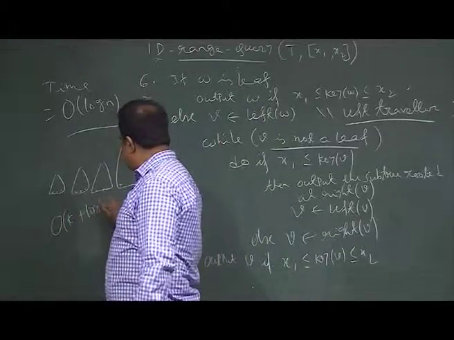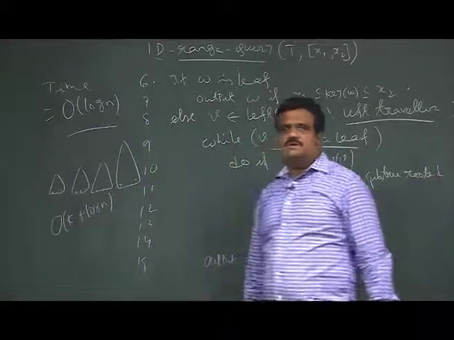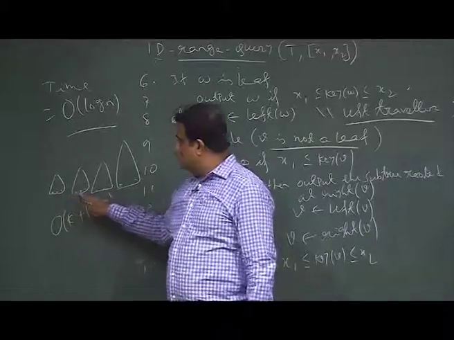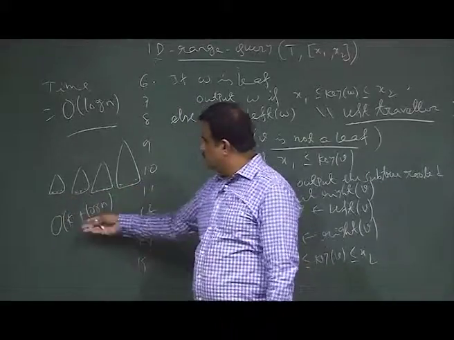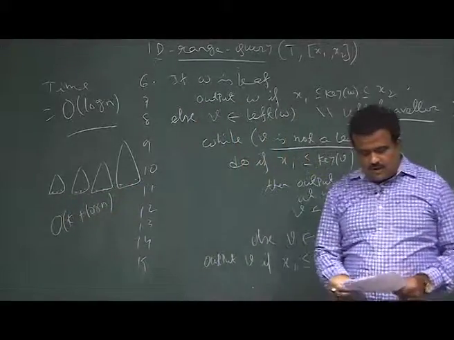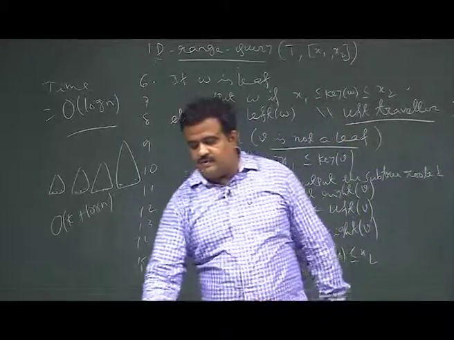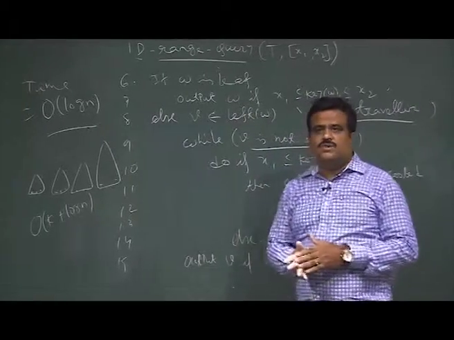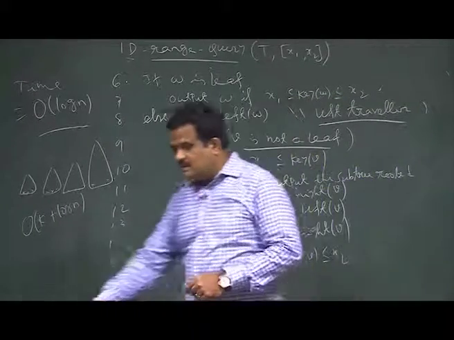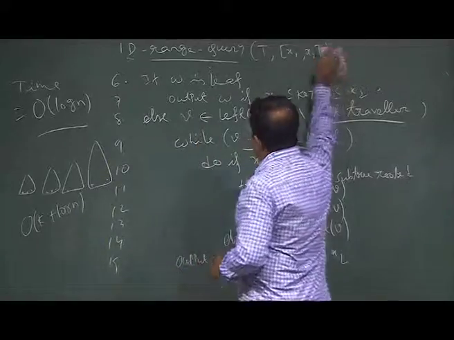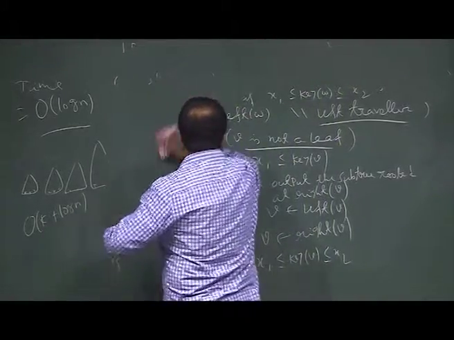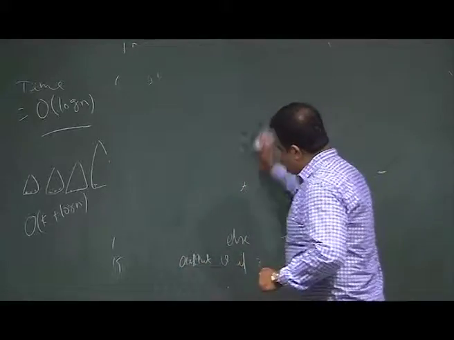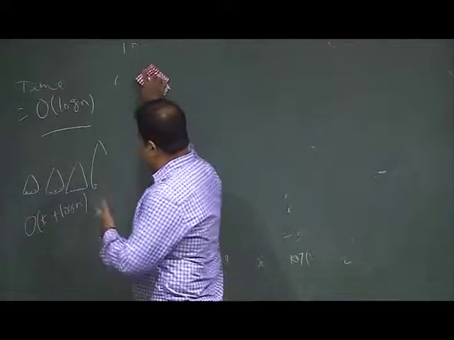So, that is the time complexity for this query output: k plus log n. Now, what is the space? To store this, we need order of n space, and to form the tree, we need order of n log n. That is the space complexity, and this is the time complexity.